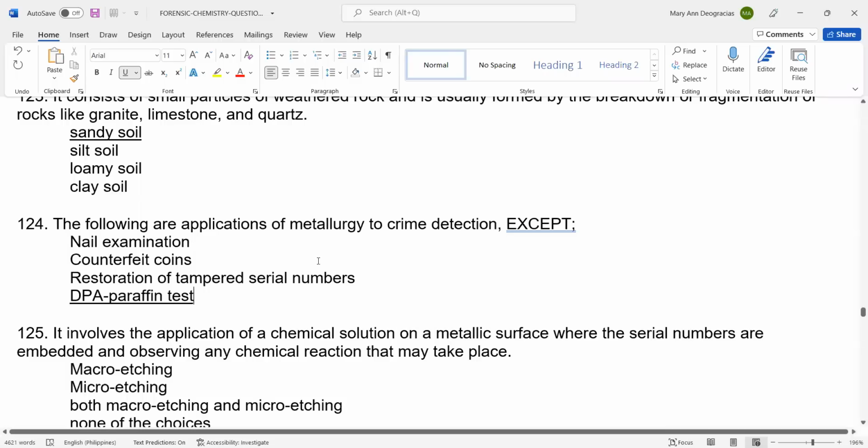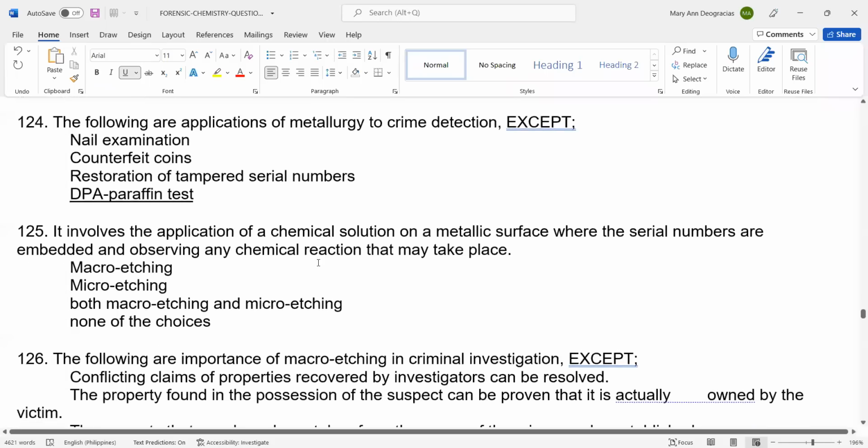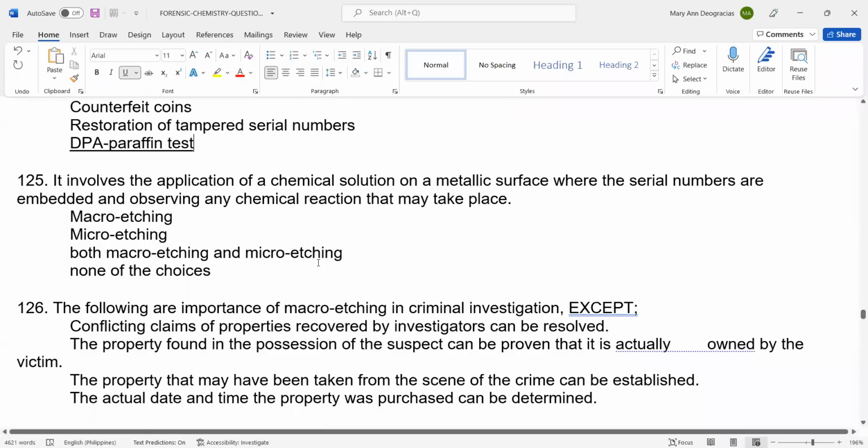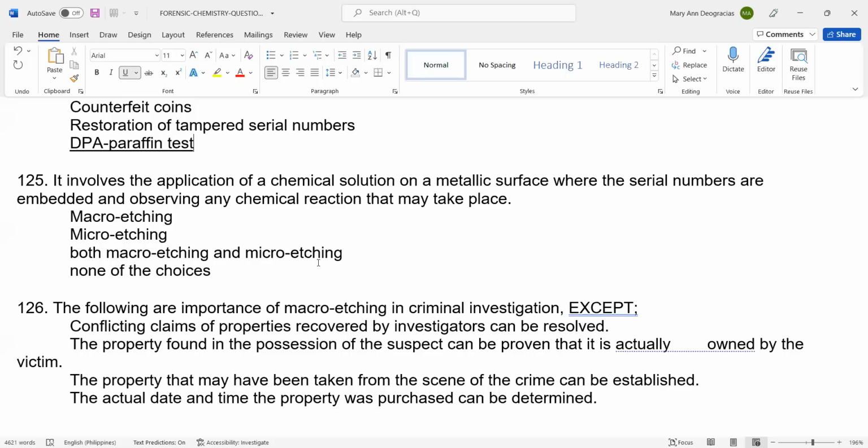Okay, 125. It involves the application of a chemical solution on a metallic surface where the serial numbers are embedded and observing any chemical reaction that may take place. Is it macro etching, micro etching, both the macro etching and micro etching, or none of the choices? O pagpipilian nyo lang dalawa, is it macro or micro?